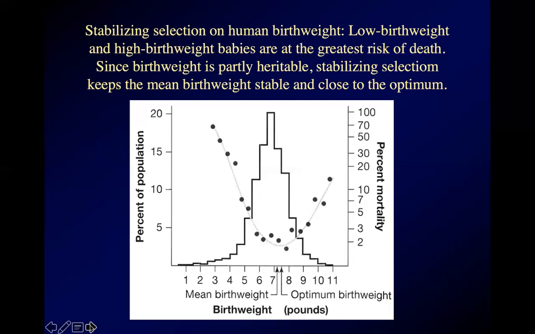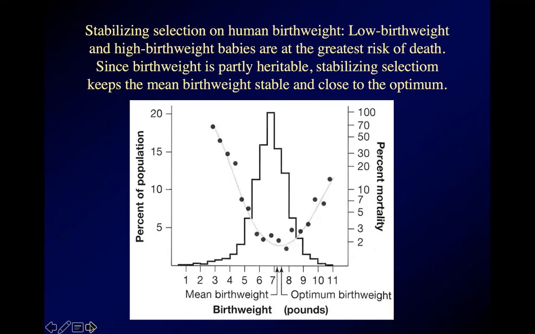The smallest risk of mortality is in the middle. In fact, that optimum birth weight right there, that's the low point of that curve. That's the birth weight that has the least chance of dying, and it is very close to the mean birth weight. The majority of babies are born very close to the optimum birth weight.